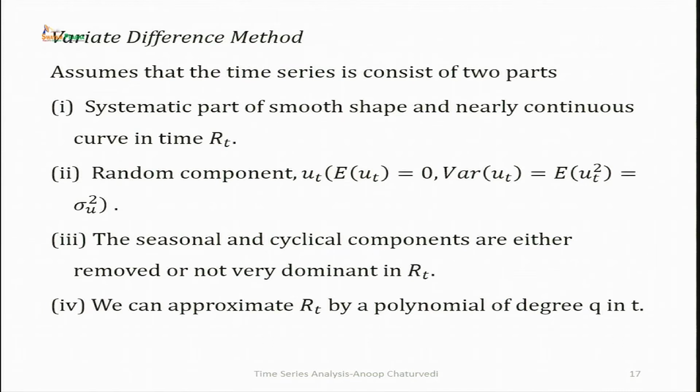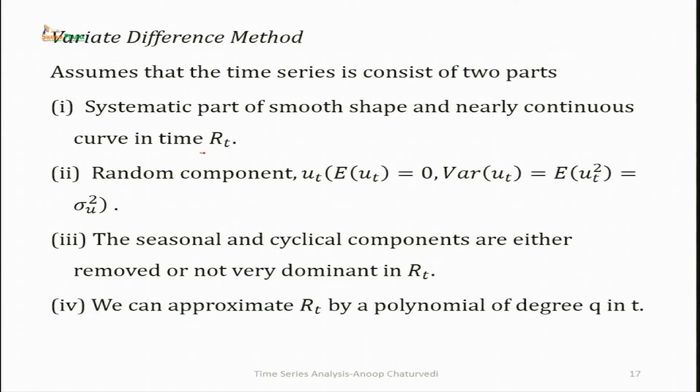difference method. We assume that the time series consists of two parts, the systematic part of smooth shape and nearly continuous curve in time, r t, and random component u t.